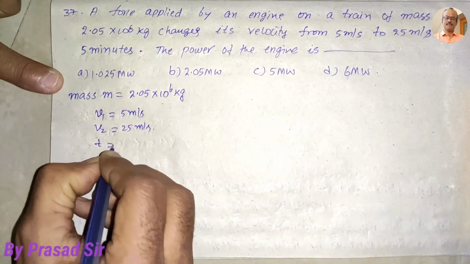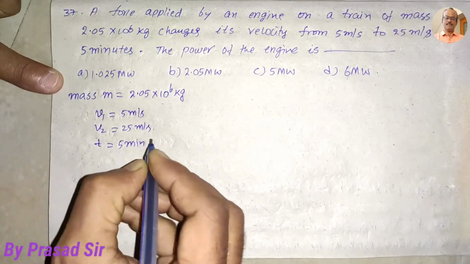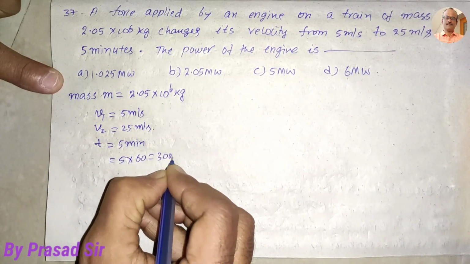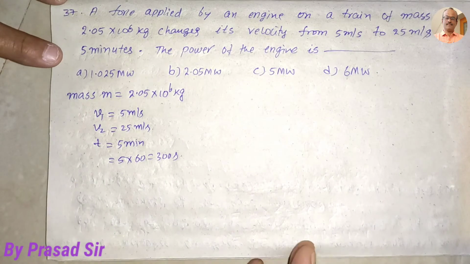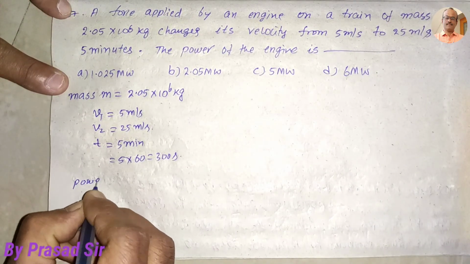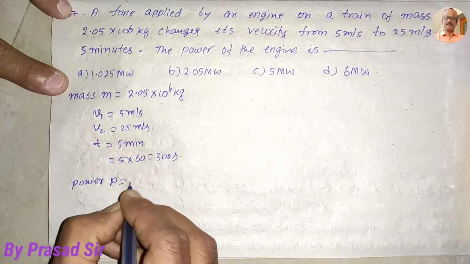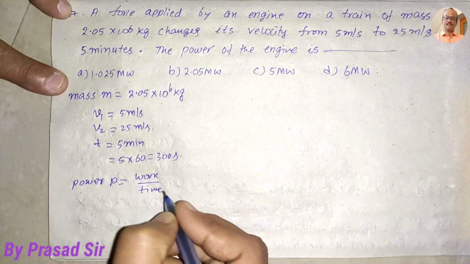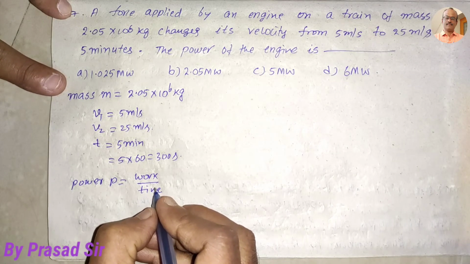In time how much here? 5 minutes, that is nothing but 5 into 60 is equal to 300 seconds. But which one do we want to calculate? The power of the engine. So here power P is equal to work divided by time. So the work is nothing but what is that?